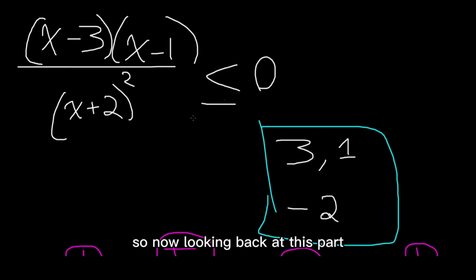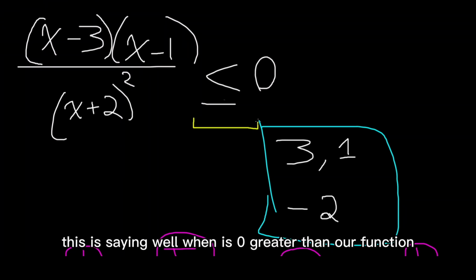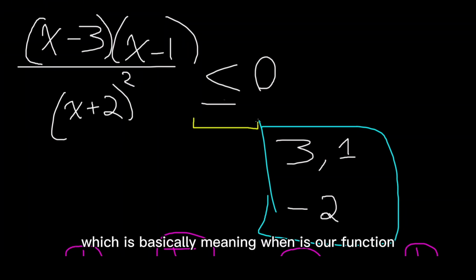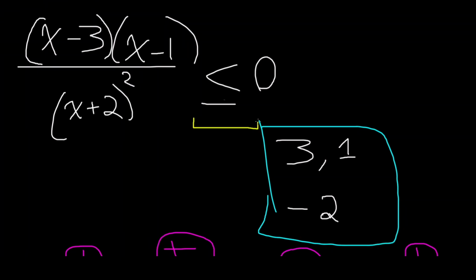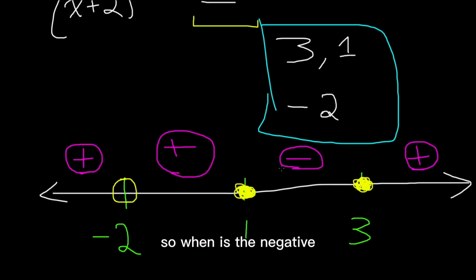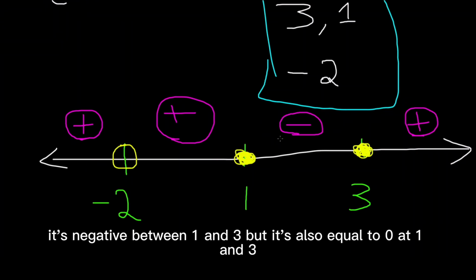So now looking back at this part, this is saying, well, when is 0 greater than our function? Which is basically meaning, when is our function negative or equal to 0? So when is it negative? It's negative between 1 and 3.